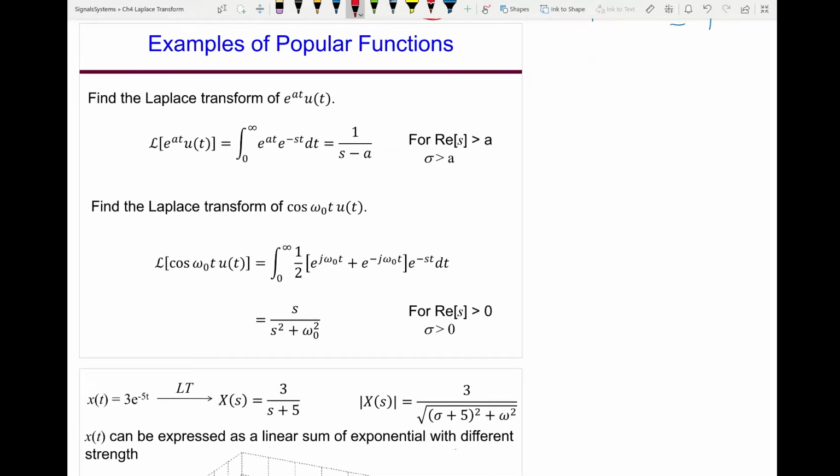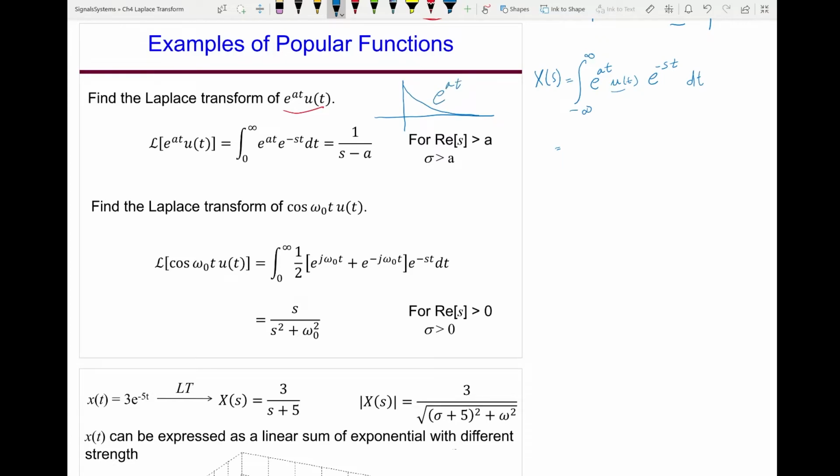Take another example. Find the Laplace transform of this signal. Now again, let's write the definition. X of s equals the integral from minus infinity to infinity of the signal x of t, which is e to the a t u of t, times e to the minus s t dt. Now u of t exists only for positive t, so this is unilateral.